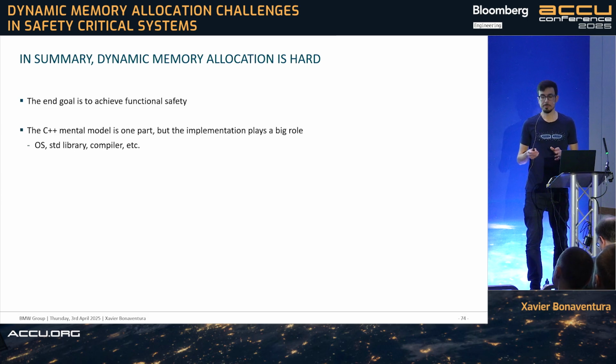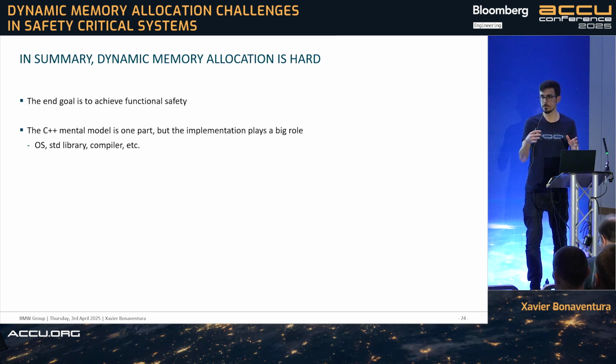The part that you need to keep in mind here is that on one side, we have the C++ mental model. In C++, we have the storage, the objects have a lifetime, the storage has a lifetime. And that's pretty much it.